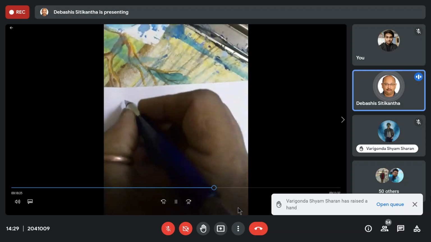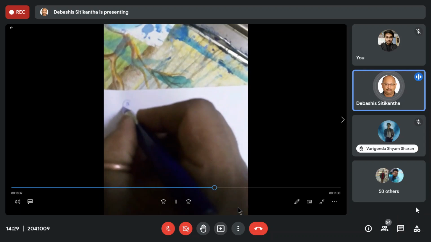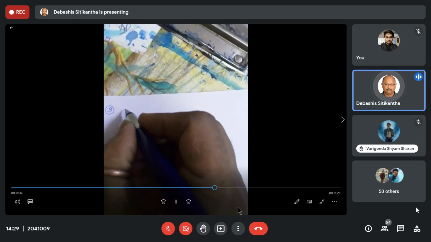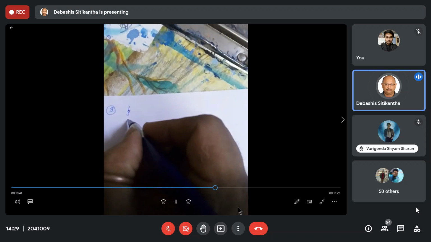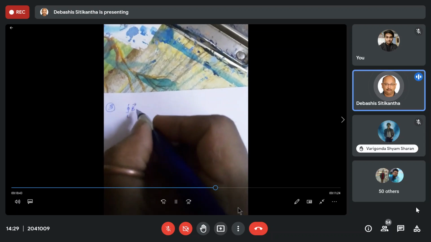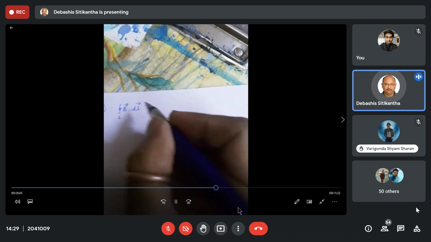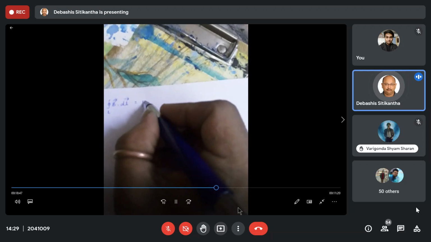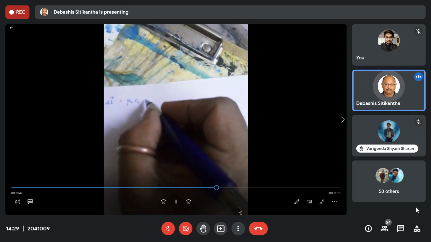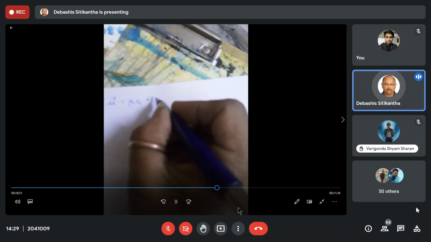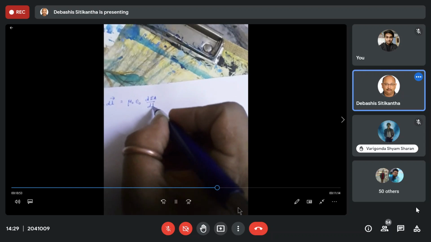The third equation is Ampere's law, and it says the closed line integral of B vector dot dl vector is equal to mu naught times epsilon naught dEA by dt.